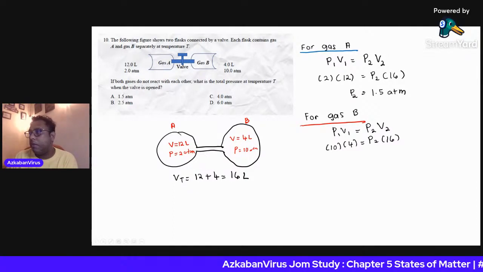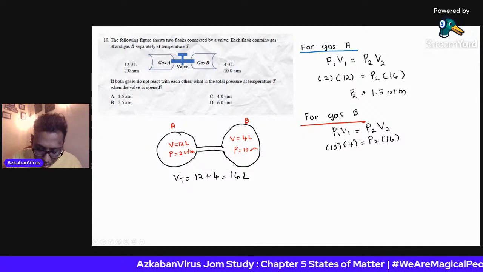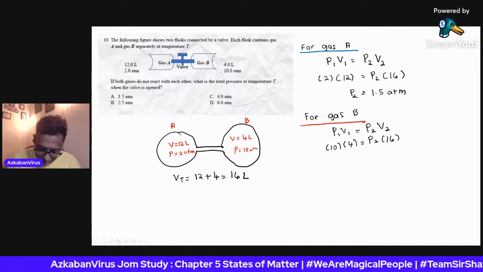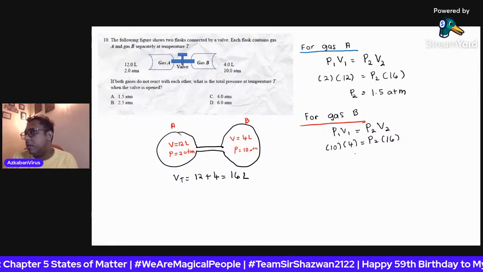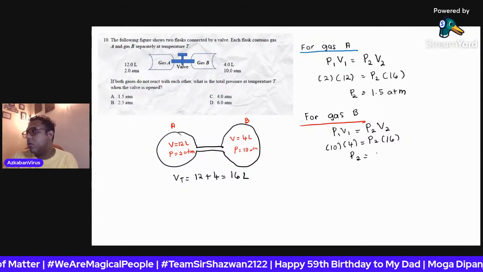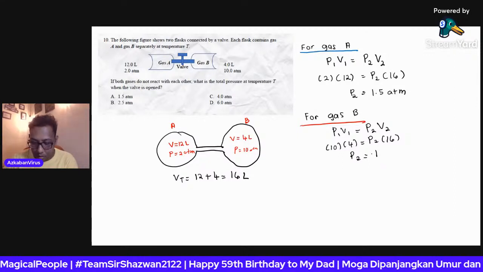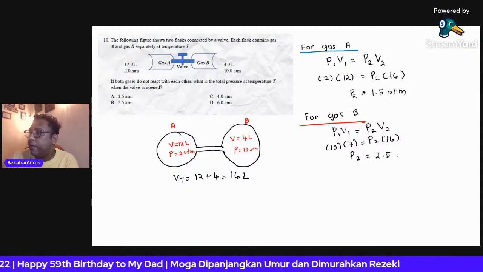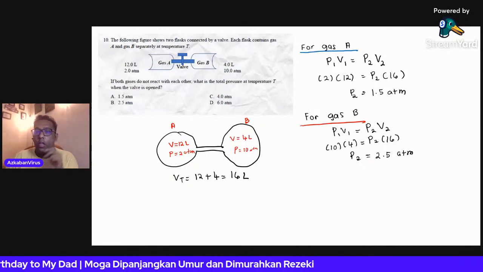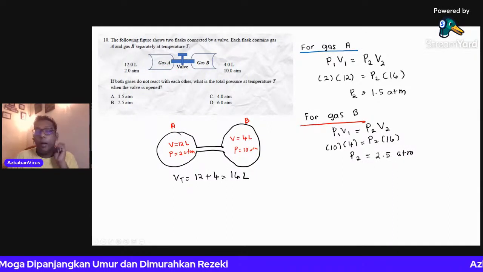Okay, so 40 per 16 is 2.5. So kita akan dapat P2 is equal to 2.5 atm.